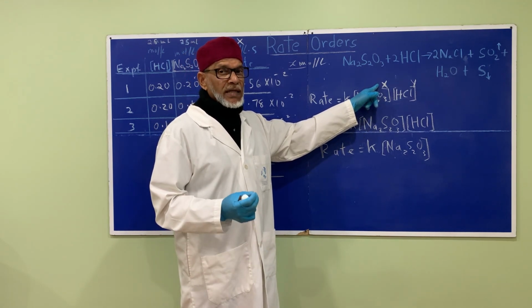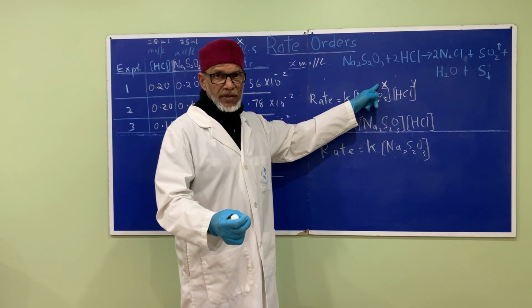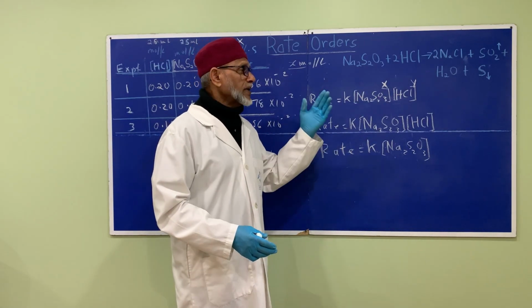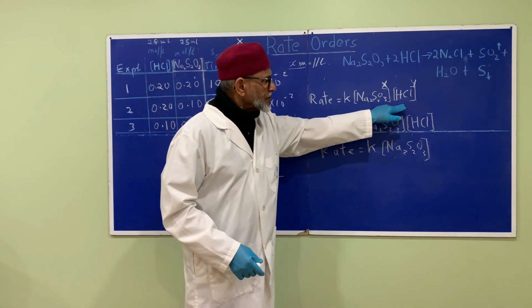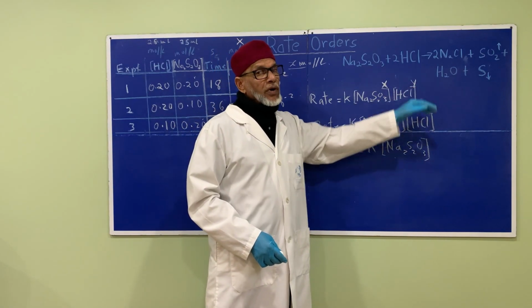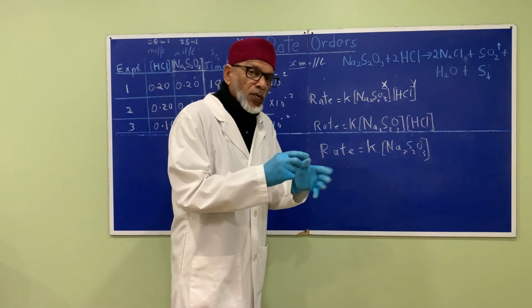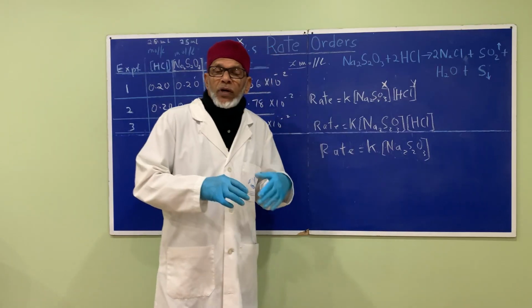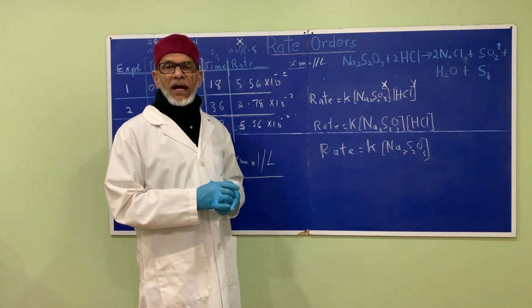We use any letter of the alphabet to represent the exponent: a, b, c, x, y, and z, times the concentration of hydrochloric acid raised to an exponent y. Now, to know what the values of x and y are, we have to do some calculations.